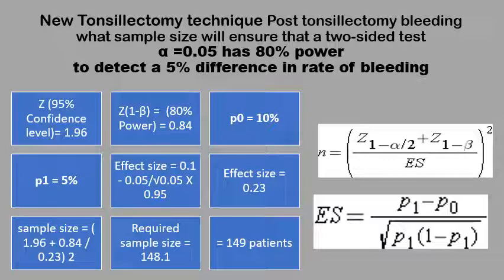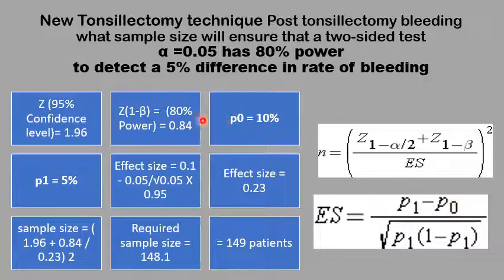The required sample size for this study would depend on the p level that we have chosen, the 5%, less than 0.05, and the power that we have chosen, which is 80% translated into a z-score, divided by the effect size. To calculate the effect size, we have this formula, which depends on the expected proportion that we expect to find in our study, or that we have found in a pilot study, compared to the known standard.